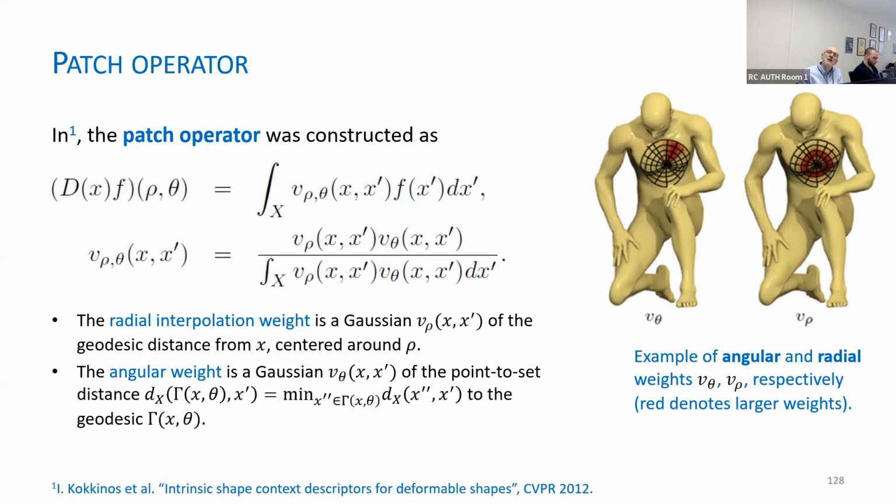As I just mentioned, it is a way to sample the function on the surface using a Gaussian around the point. So in order to sample, we use a Gaussian function centered around the central point x.